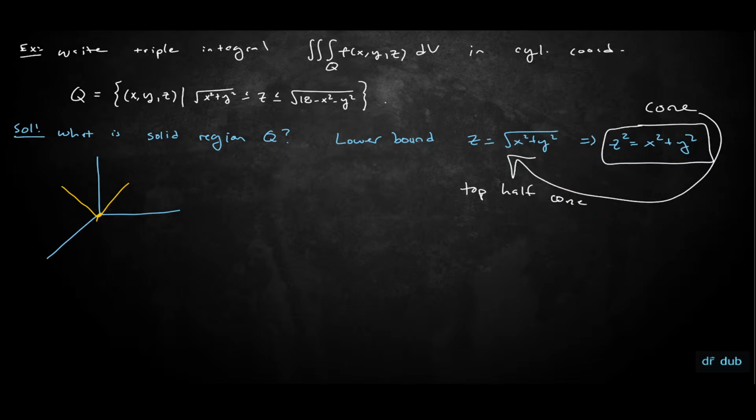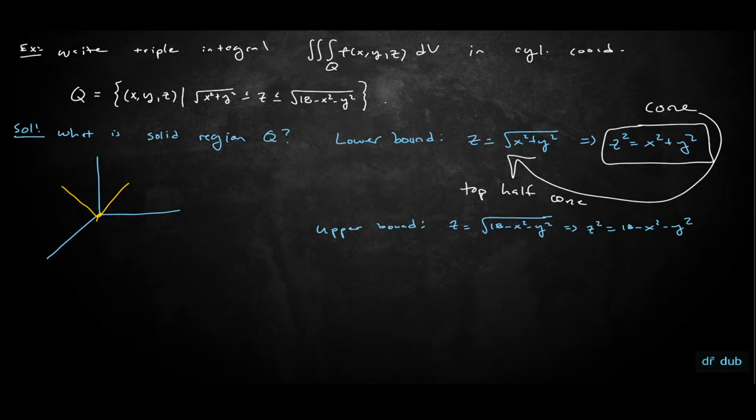The upper bound is going to be z equals the square root of 18 minus x squared minus y squared. Again, squaring both sides, we get z squared equals 18 minus x squared minus y squared.